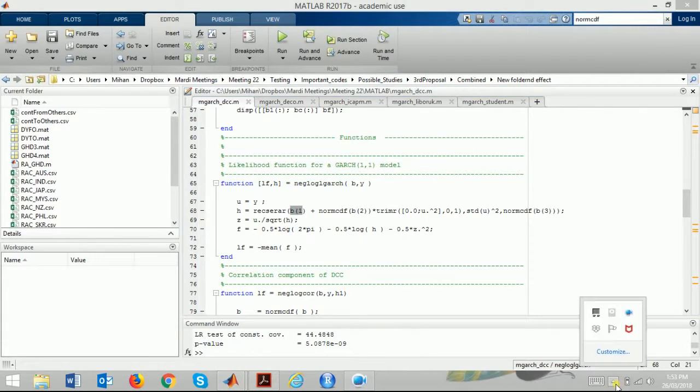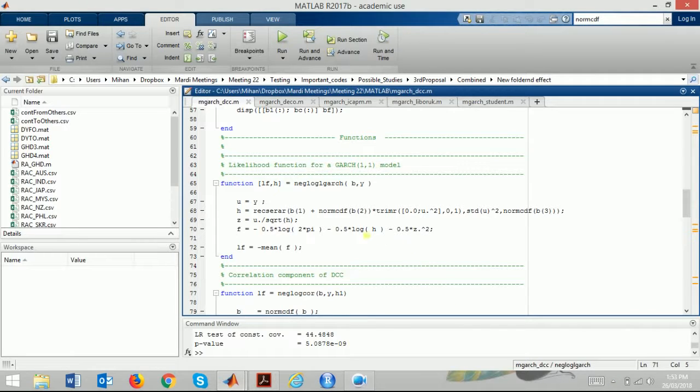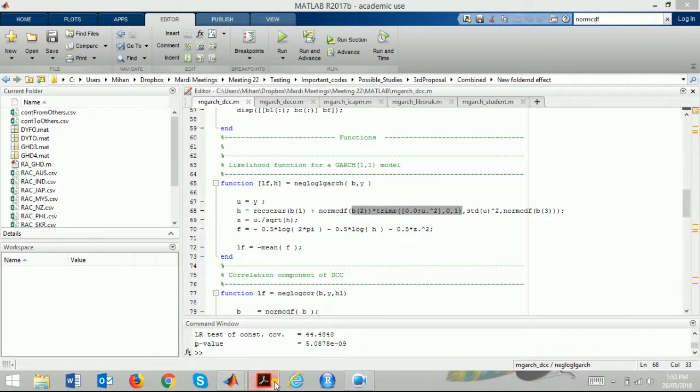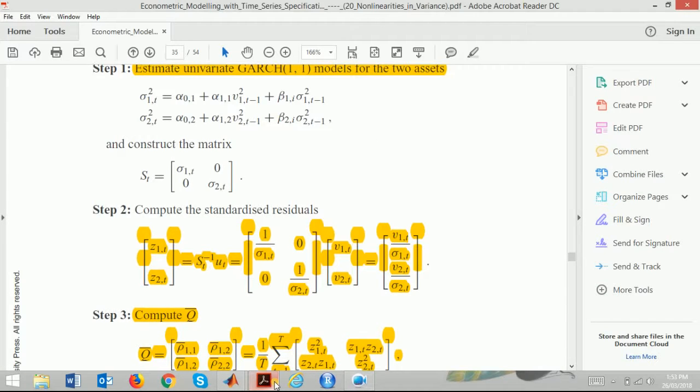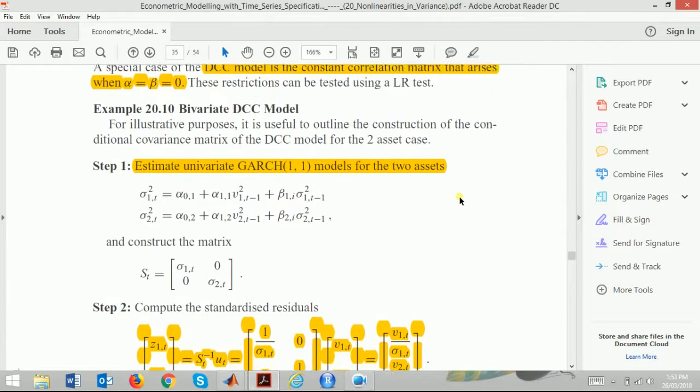Beta 1 is the alphas in each case, and we want to do a normal cumulative distribution function, and we want to estimate mu, sigma, and so on. So beta 2 times u squared, adjusting the dimension. So mu is beta 2 multiplied by the residual.